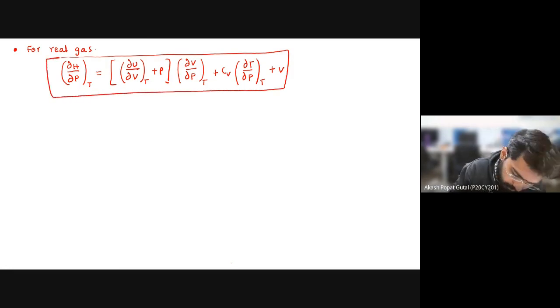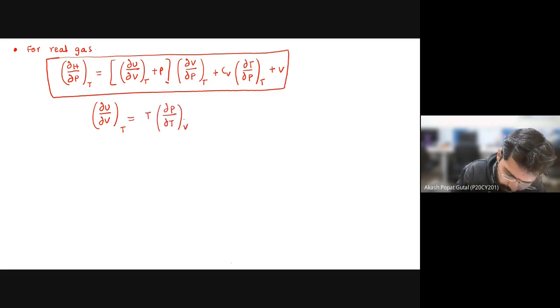And we know that internal pressure is nothing but T into del P by del T at constant V minus P.